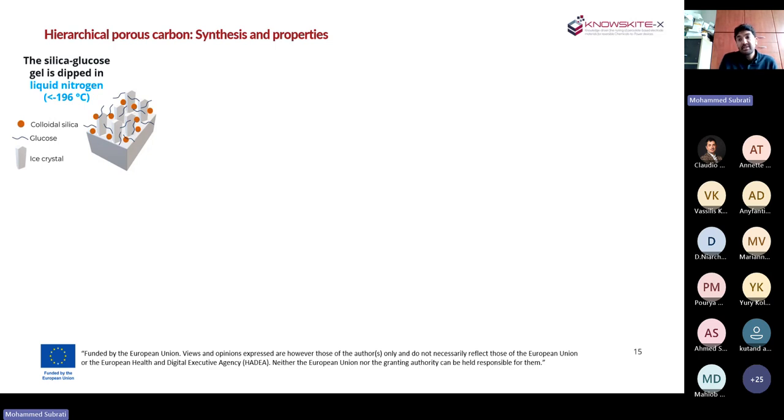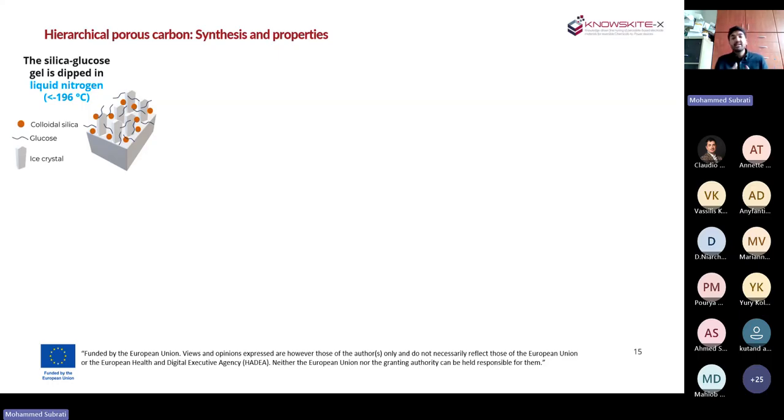But in the Knowskite project, we are using a very facile, very simple method, which is called ice templating. You take an aqueous dispersion of colloidal silica, which also has glucose in it, and you dip it in liquid nitrogen.